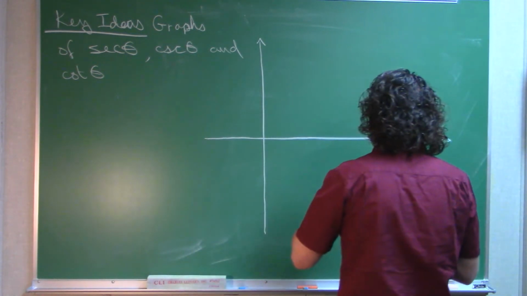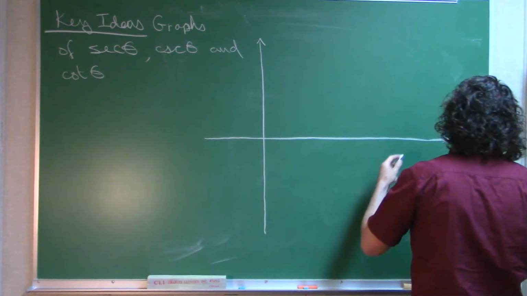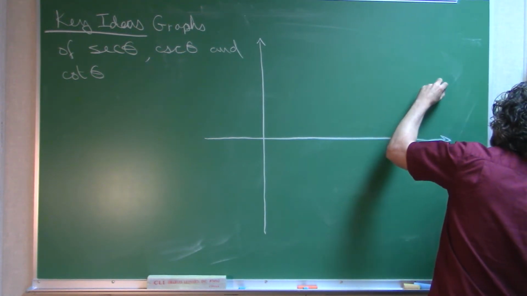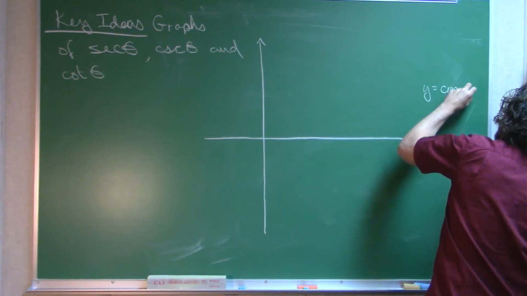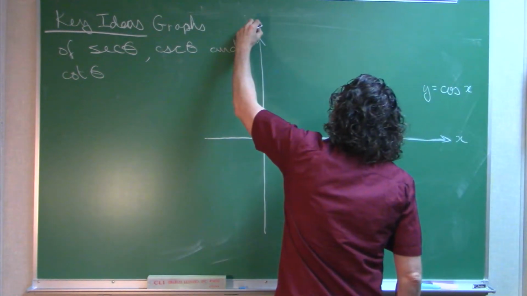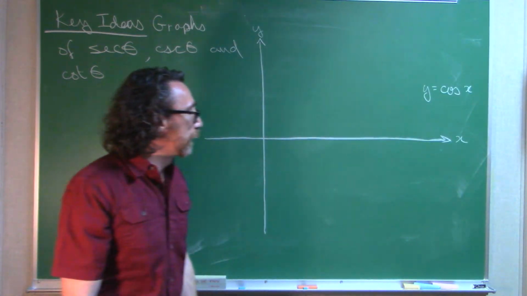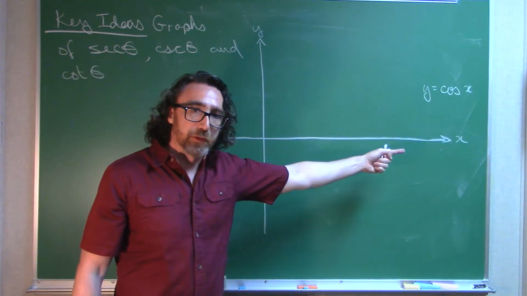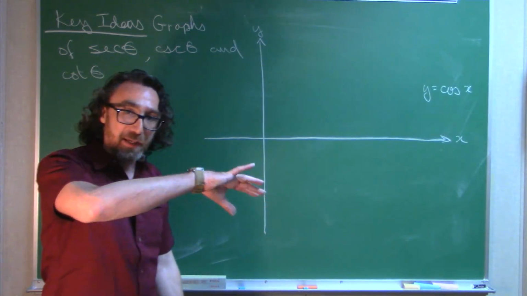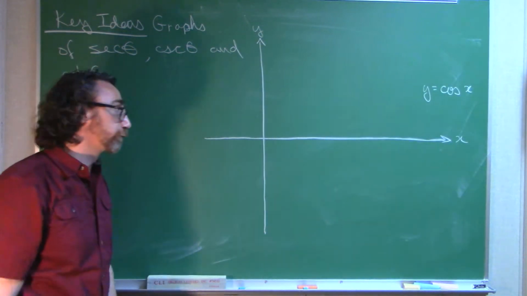I'm going to start out by doing a little review, and I'm going to graph the function y equals cosine x. On this axis, I'm going to plot my angles in radians.